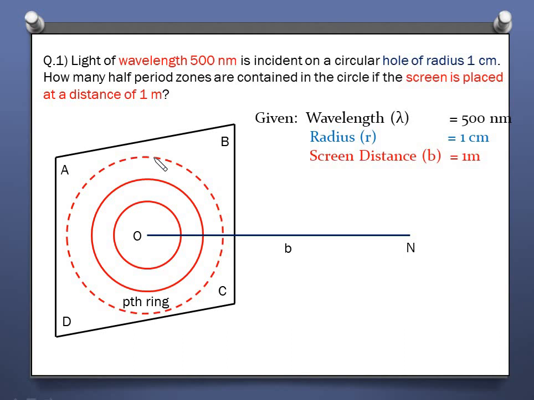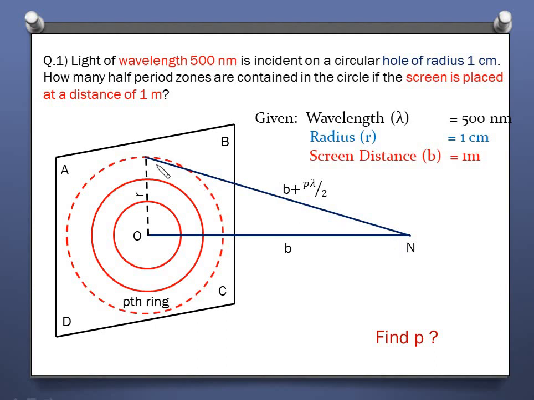Then the distance between the pth ring and the point N will be b plus p into lambda by 2, because each half period zone is separated by a distance of lambda by 2. So the pth zone will be separated by a distance of p into lambda by 2. And we have to find out this p.